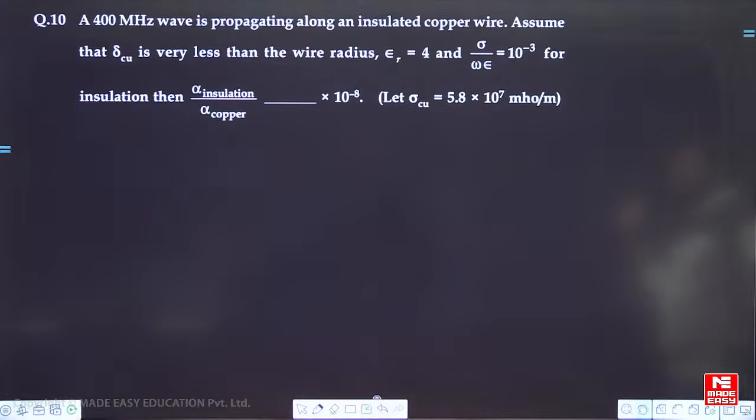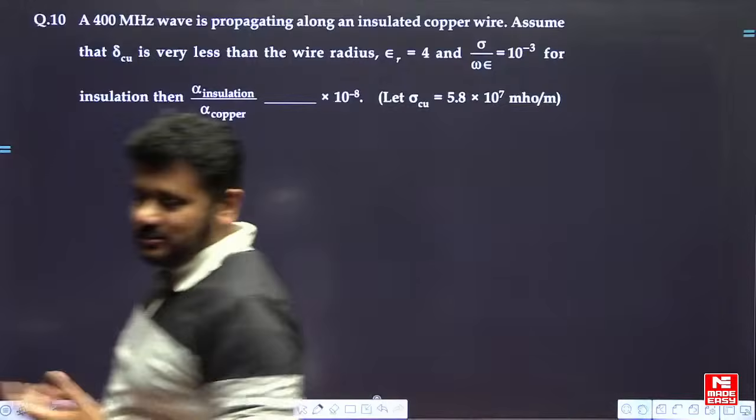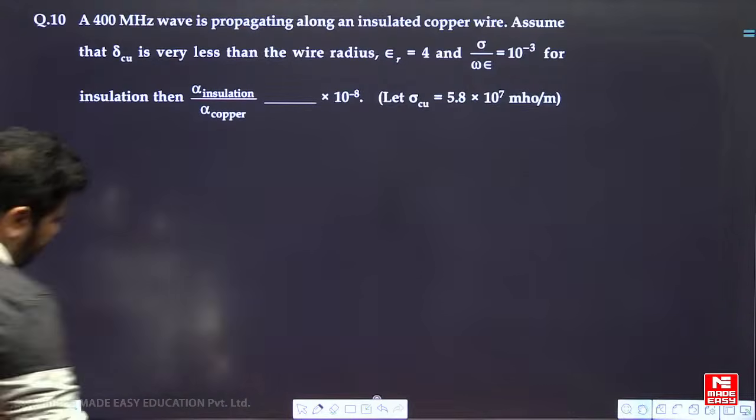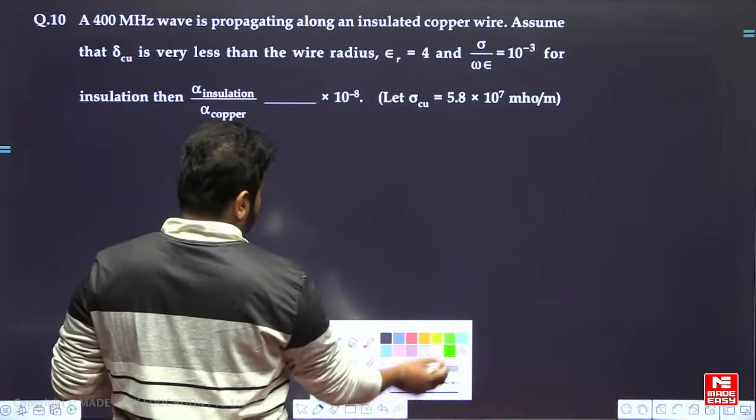Given conductivity of copper as 5.8 into 10 to the power 7 mho per meter. I will give you 1 minute, try to solve it. Let us see how many of you can solve this question. Read the question carefully and then attempt.